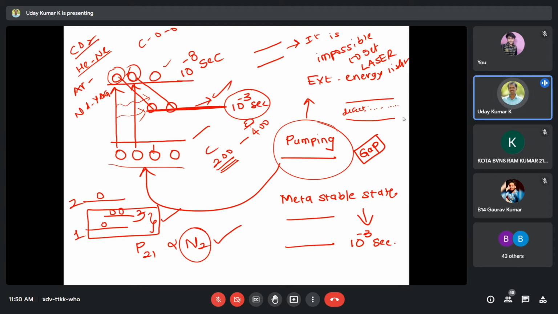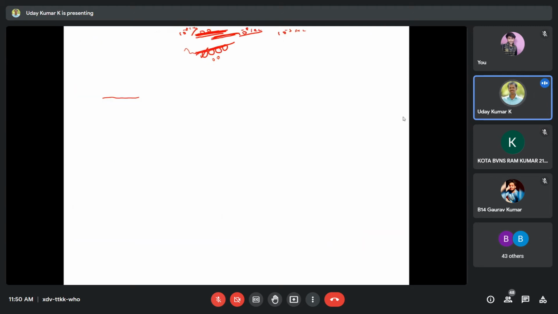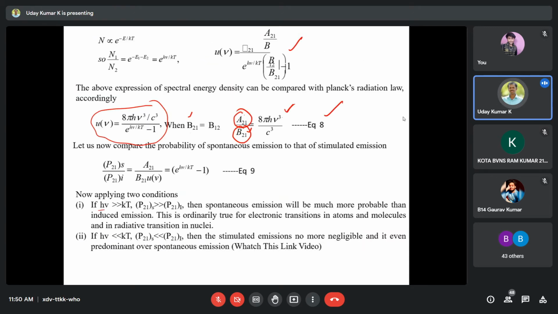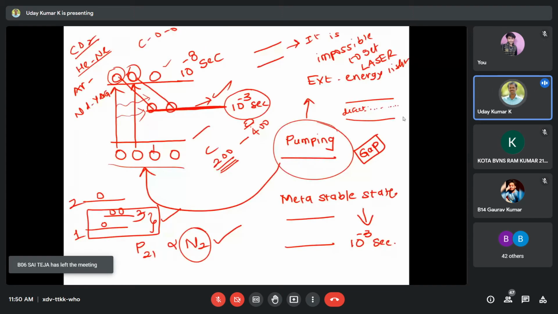Now, when I'm talking with respect to one atom, it's not exactly one I'm talking about. If you recall the video itself, there is one atom I spoke about, and then you see there are multiple atoms coming in between. So for our understanding purpose, I am telling you with respect to one atom.